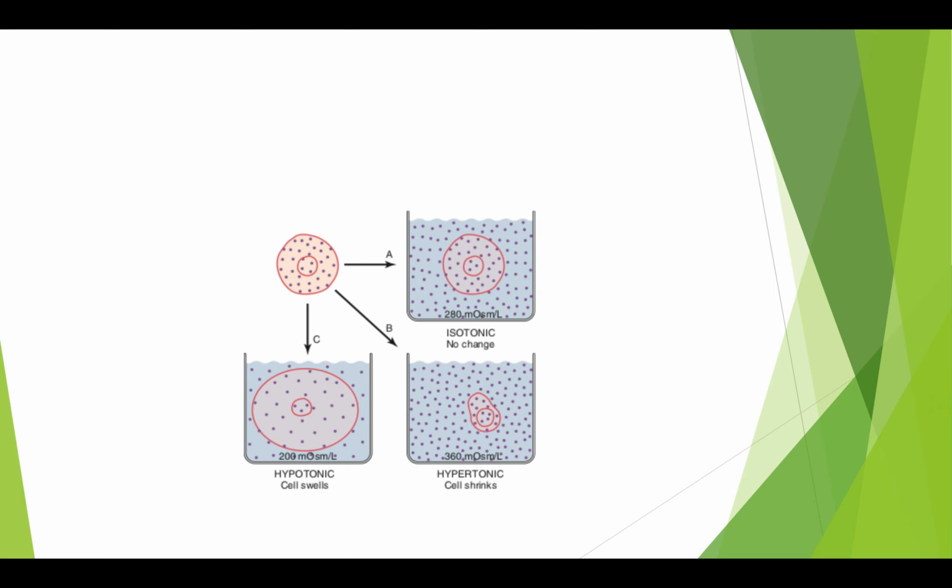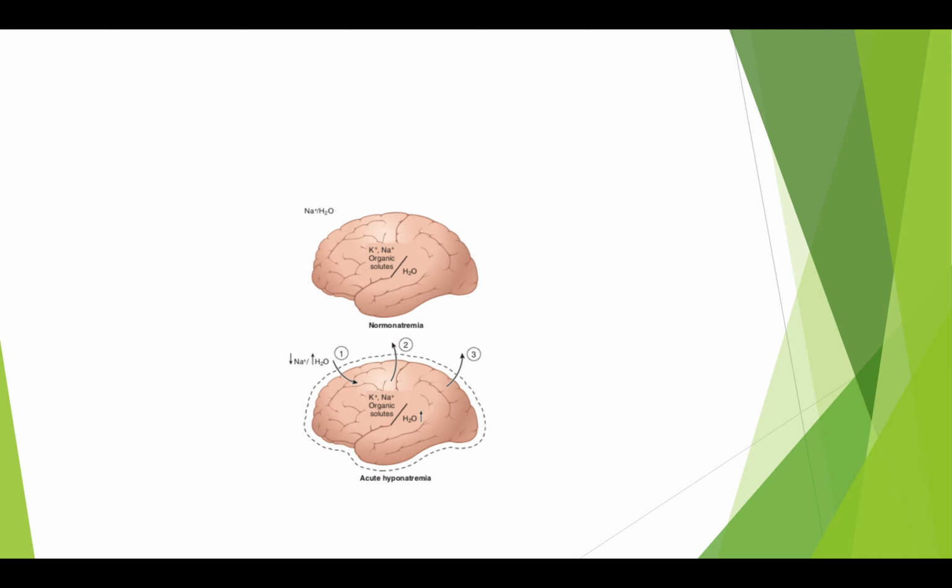In cases of hypotonic conditions, the cell swells because the fluid goes into the cell to reach an equilibrium. The same happens to the brain cells in cases of hyperosmolarity, as what happens in hypernatremia, and hypoosmolarity, as what happens in hyponatremia.